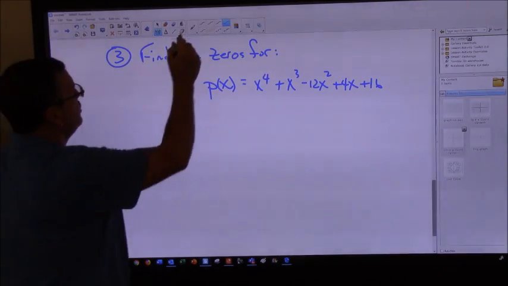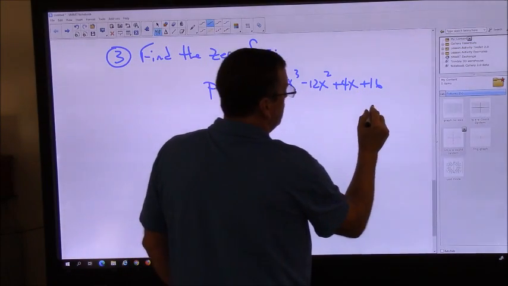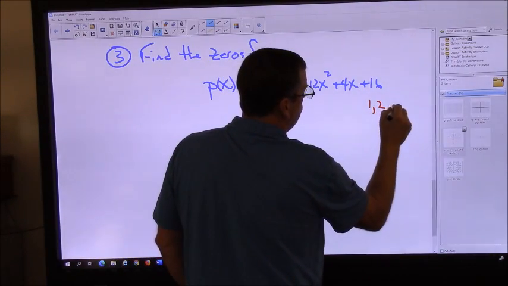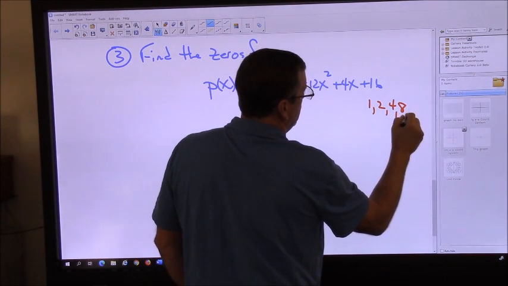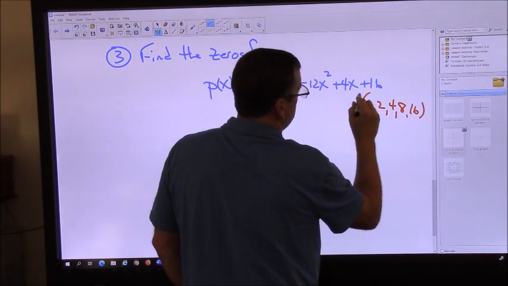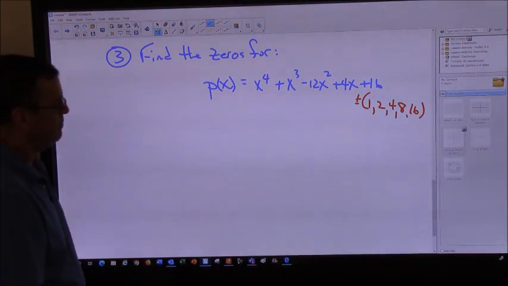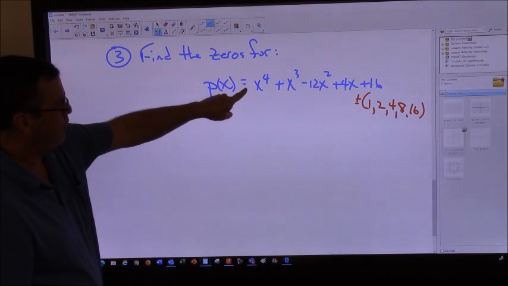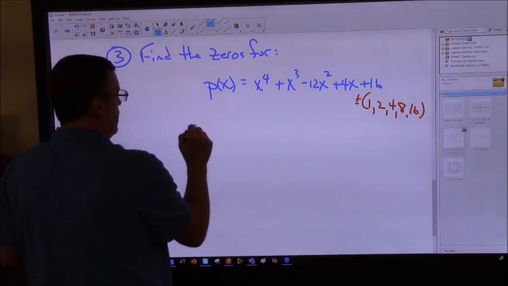So, if I do synthetic division, I want to think, what are the factors of 16? That would be 1, 2, 4, 8, and 16. Okay? So not too bad. There's no factors here other than 1, so I don't have to worry about fractions. And so let me write down my coefficients.